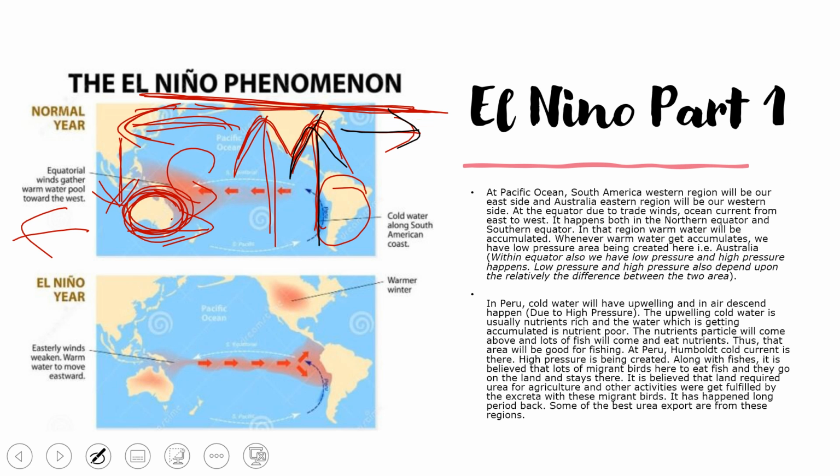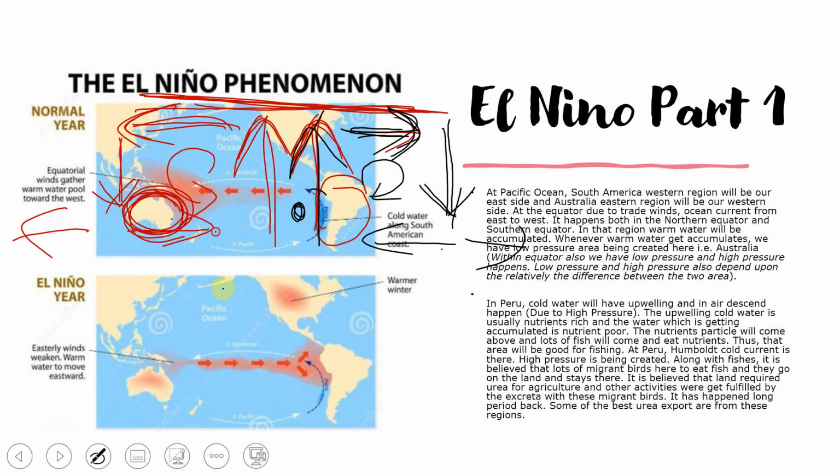Now after traveling, it starts to cool down, because these are warm droplets, warm water. It will start cooling down and fall in the Peru region, because there is high pressure in this area. Now it will cool down, hit the land again, and move in all directions. So one cycle will be formed here.